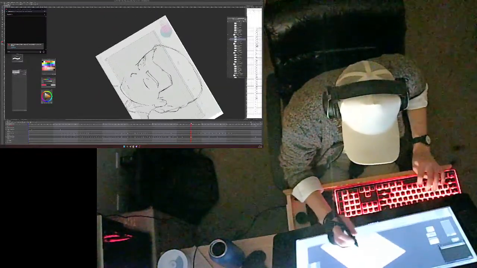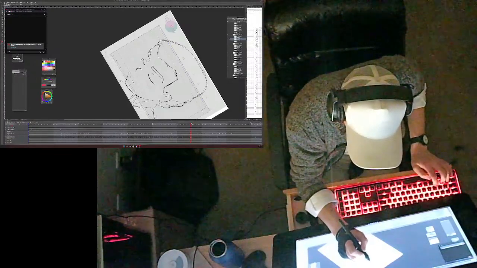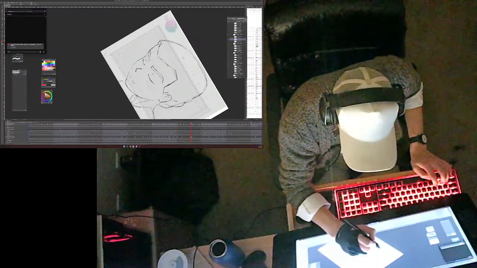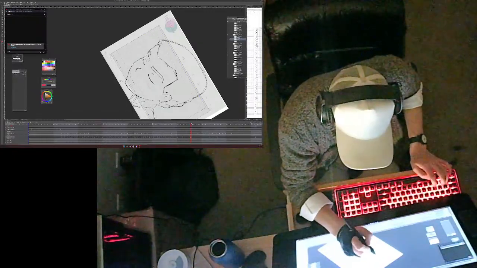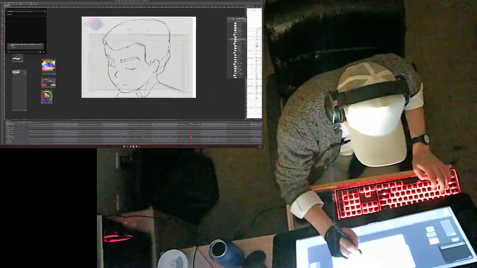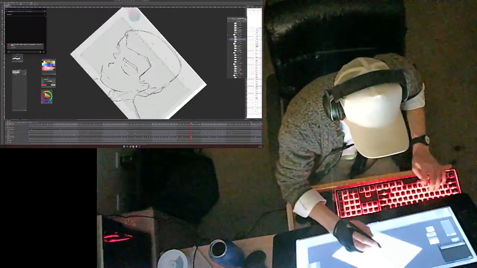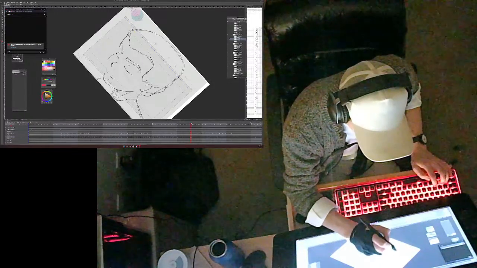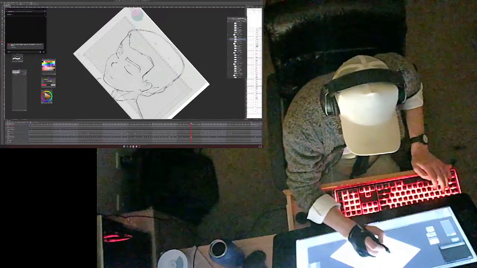Thus my solution is I stream it, the VOD, the video record of it will automatically upload to my channel, and I don't have to use precious hard drive or Google Drive space to store the absolutely massive MP4 file, and I can access it whenever I want.